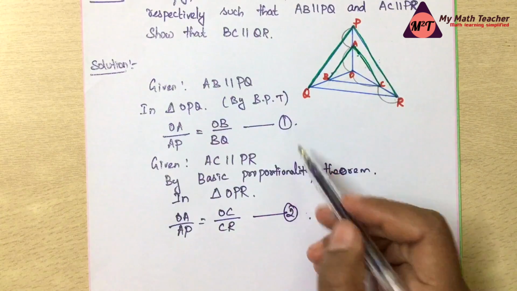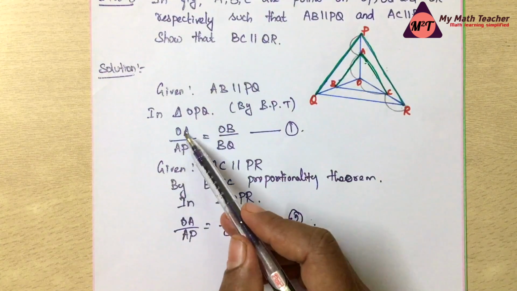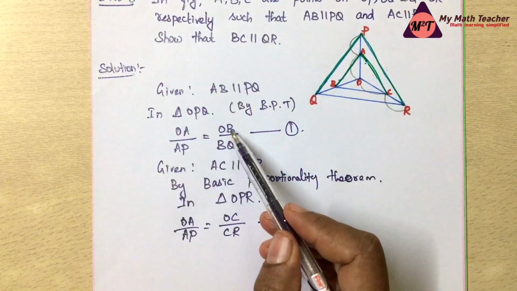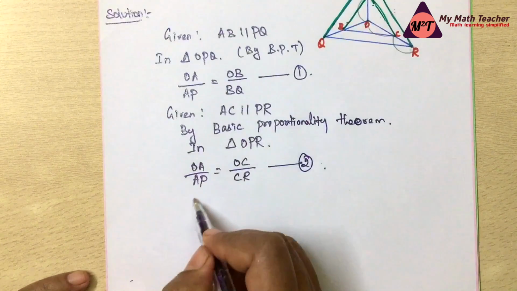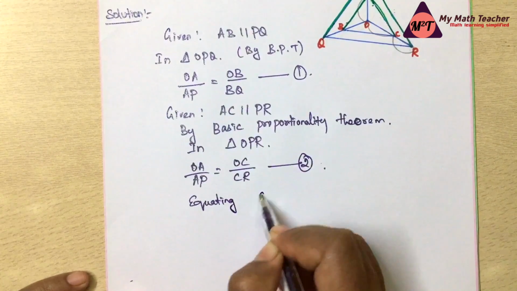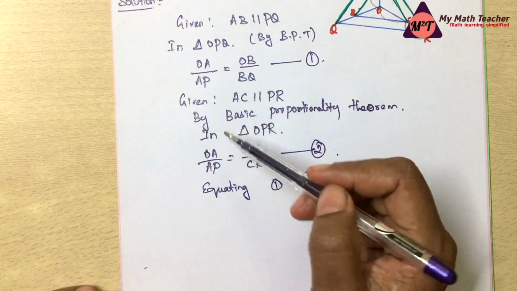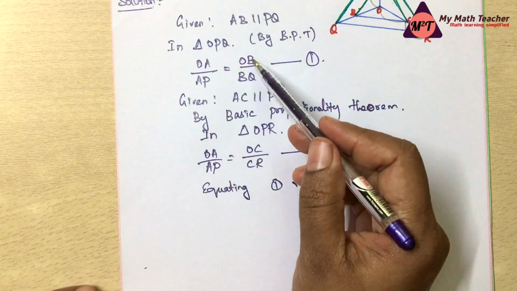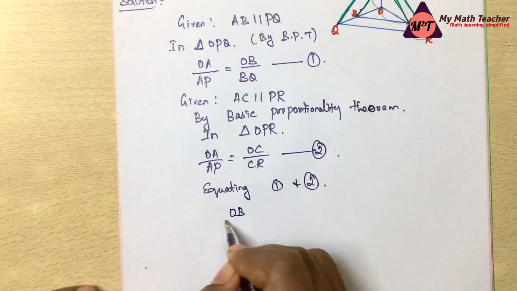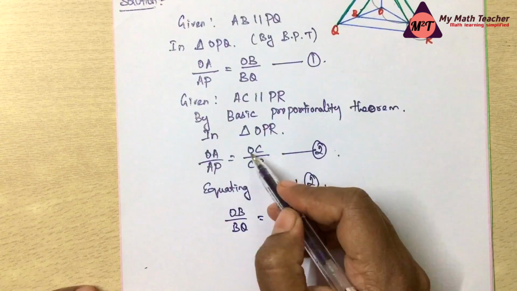Now, when you equate 1 and 2, we can see both the left hand sides are same, which means RHS are also same. When LHS are same, we can write OB by BQ is equal to OC by CR.